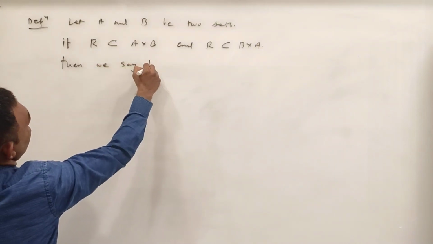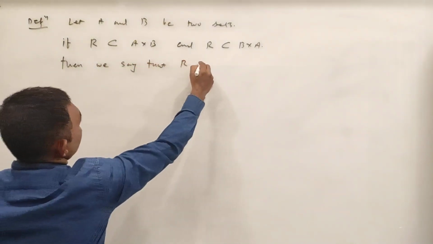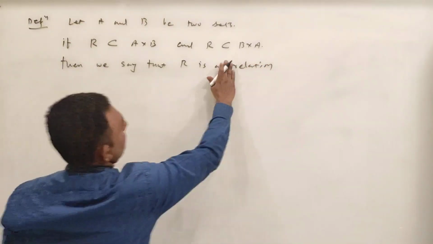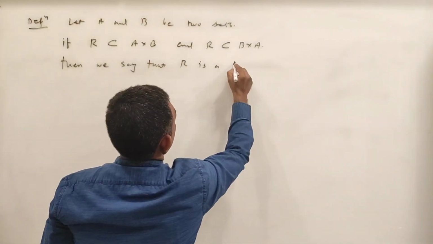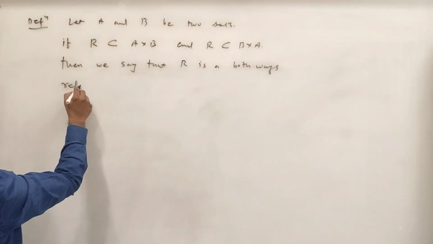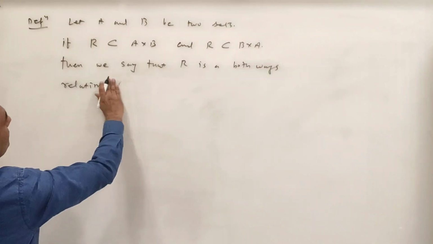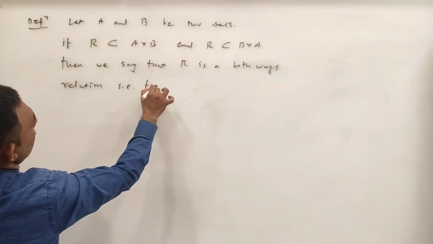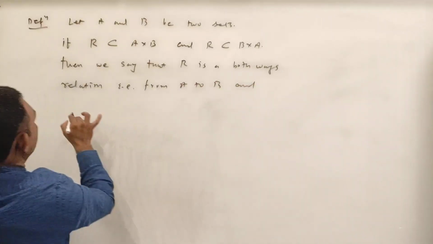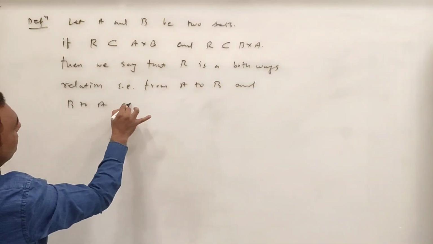we say that R is a both ways relation. That is from A to B and B to A as well.